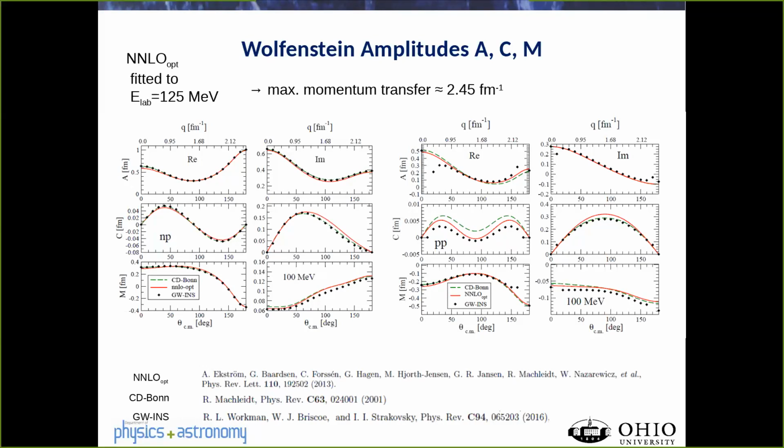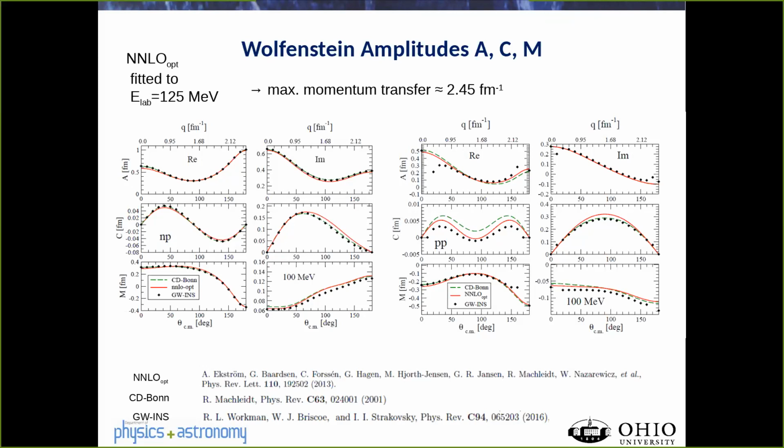Now for this N2LO opt potential, I show here Wolfenstein amplitudes A, C, and M at 100 MeV. That potential is fitted up to 125 MeV, and you can reconstruct and calculate that this would go to a maximum momentum transfer in the scattering of 2.45 inverse Fermi.